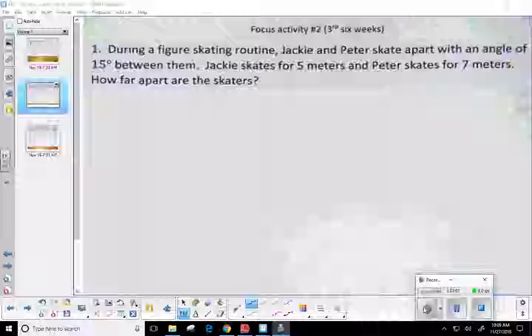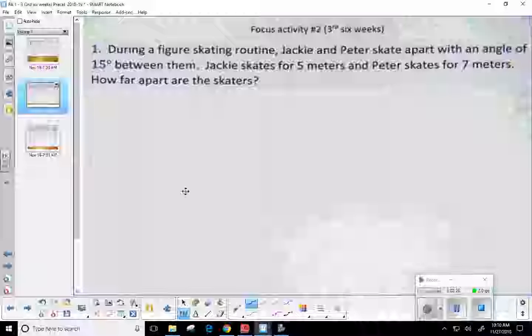Okay, well, let's take a look at our focus activity. During a figure skating routine, Jackie and Peter skate apart with an angle of 15 degrees between them. Jackie skates for 5 meters, and Peter skates for 7 meters. How far apart are the skaters? One thing I would probably do here, and this is just me personally, is draw a picture and visualize what's happening.